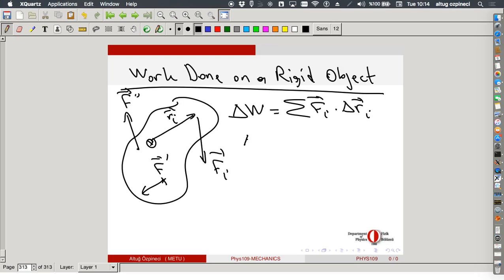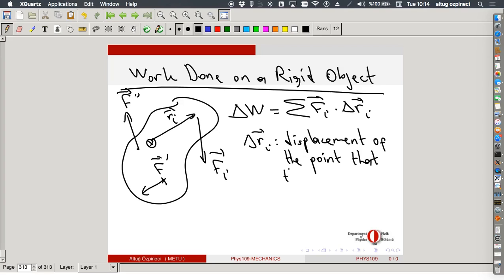Now this delta r_i is the displacement of the point that the force is exerted on.